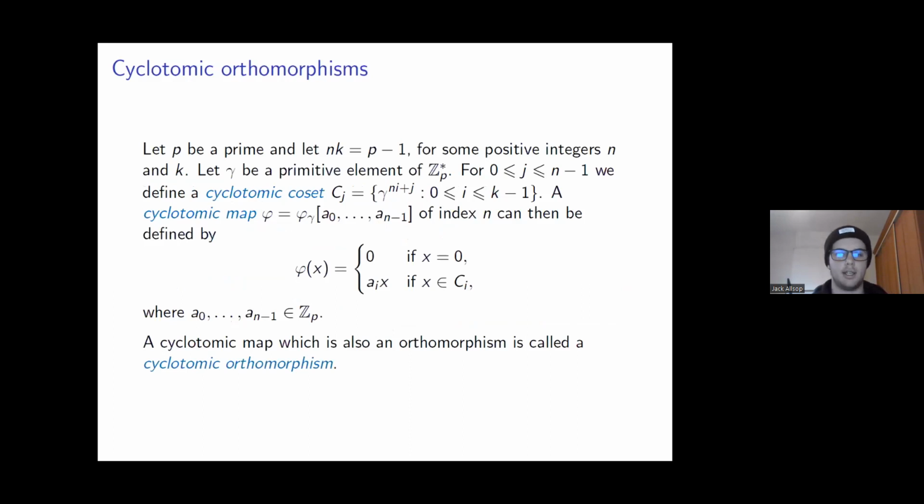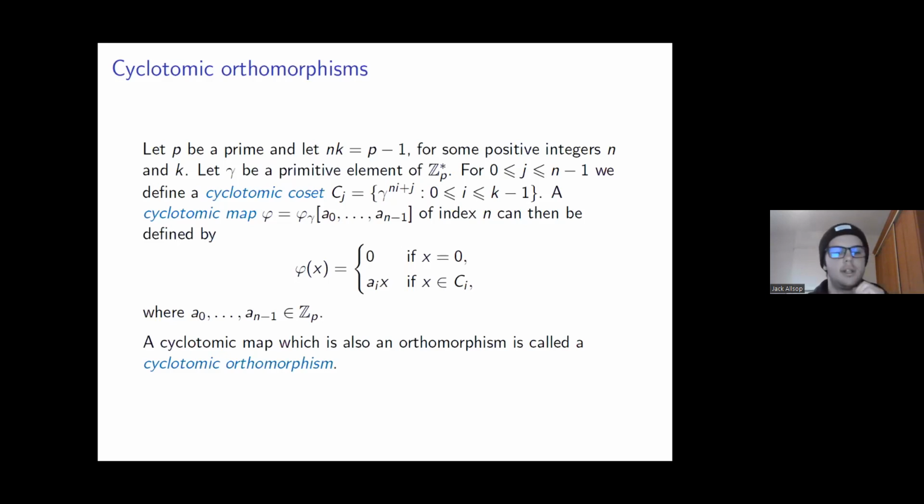And then for j in 0, 1 up to n minus 1, we define a cyclotomic coset Cj by the formula on the slide. So for example, C0 is just the set of all nth powers of gamma, and that's the unique subgroup in Zp star of index n.